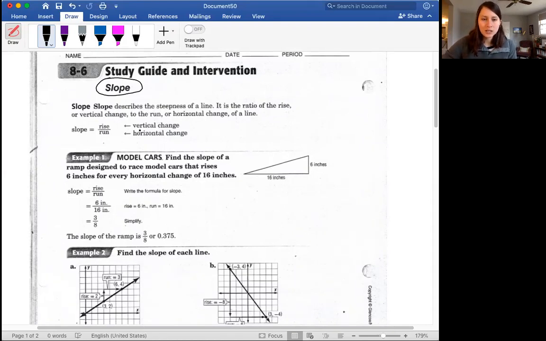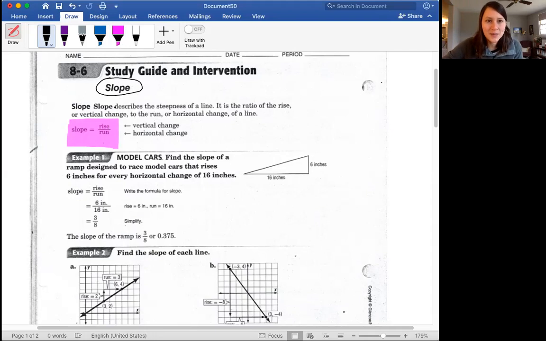So remember how we talked about the rate of change being the vertical change over the horizontal change when you're looking at a graph? Well, slope is the same thing. It's the vertical change over the horizontal change. We like to describe slope as the rise over the run.